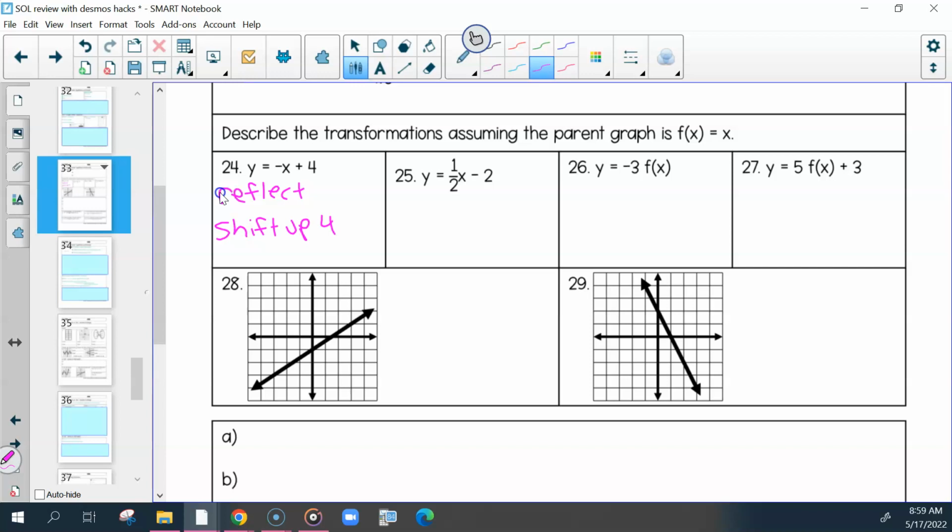For 25, now we're multiplying by 1/2, and our y-intercept is -2. What would the 1/2 do? It changes the steepness. Is 1/2 steeper or less steep than 1? Less steep.